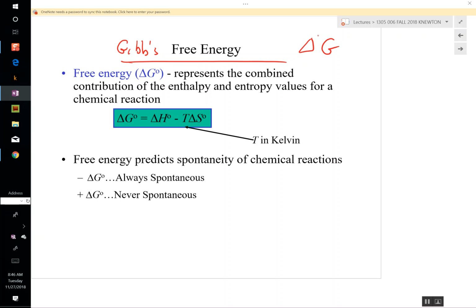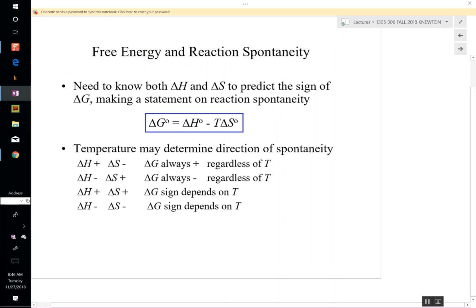There's certain things that will happen at a certain temperature that won't happen at room temperature. This is thermodynamics. So don't worry about this. If you knew the relationship between these two things, you could predict whether something is going to happen spontaneously or not.